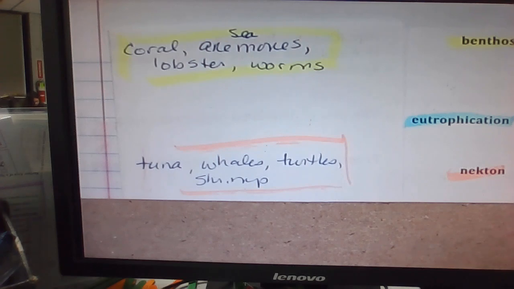The plankton were critters that drift, so they're at the mercy of the currents. And there's actually two types of plankton. One of them is more plant-like, and one of them is more animal-like. Phytoplankton are the type of plankton that are more plant-like. They're going to be like the bacteria, the algae, the things that can go through photosynthesis. Zooplankton are more animal-like. Zoology has to do with animals. So these are critters that either themselves are at the mercy of the currents, or one of their phases of reproduction is.